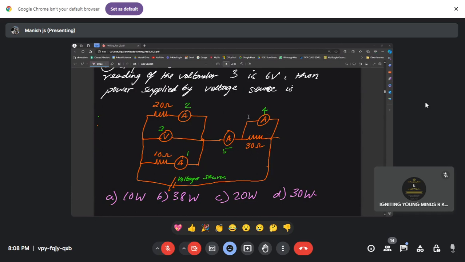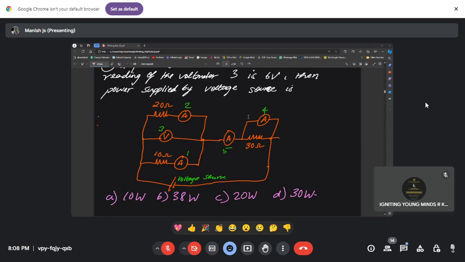Given one piece of data, you should find out the other. So what is the formula for power and how can we approach this? With the step-by-step approach, easily you can do it. It's not a big deal.